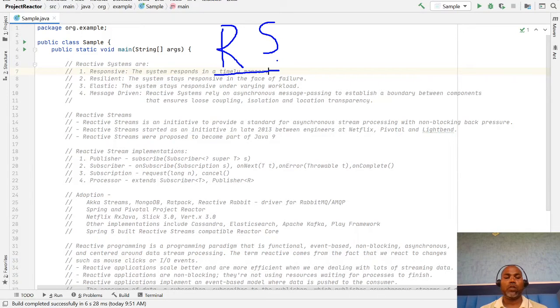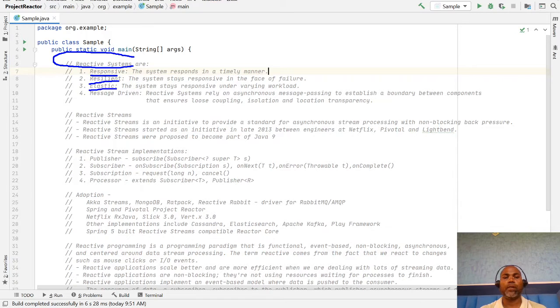Okay, so first, what is a reactive system? As per the reactive manifesto, reactive systems have four major properties. You can say features, or capabilities. First, a reactive system should be responsive.